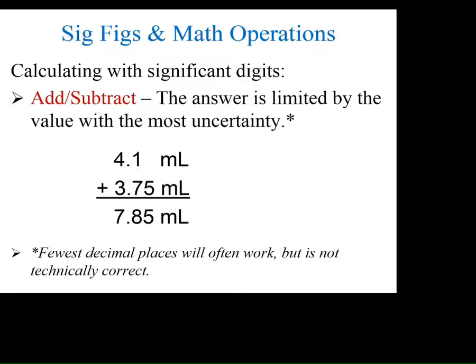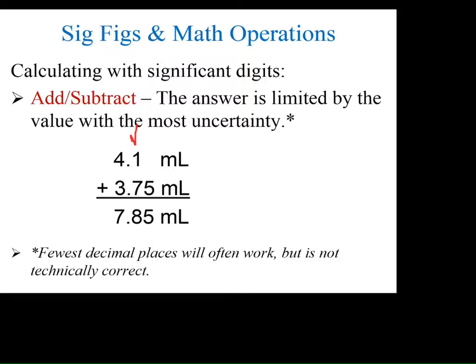So the way it's going to work is, in 4.1, where in this one is the last significant digit? Okay, so 4.1 does have 2 sig figs, and the last one is in the tenths place, right? You agree with me on that?